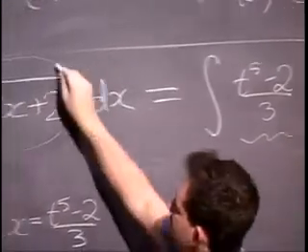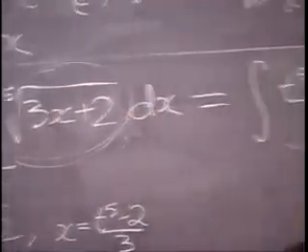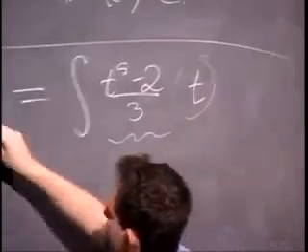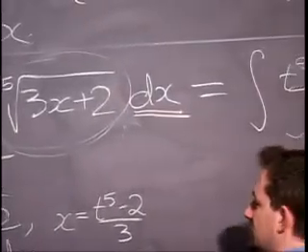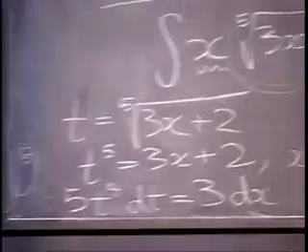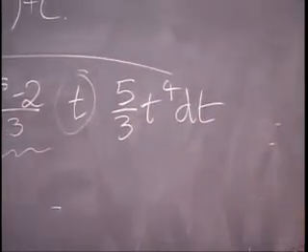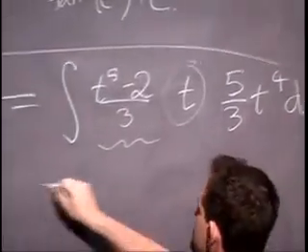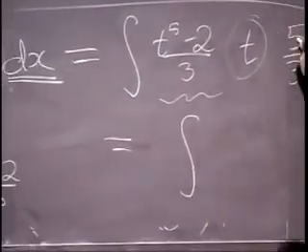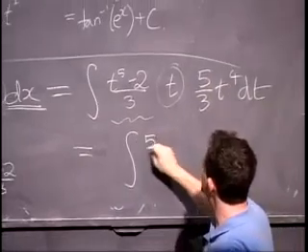This is just t itself. And the dx is equal to 5/3 t to the 4th. I've divided by 3 in my head. dt. And if you work all this out, you can actually bust it up into two integrals. 5/3, you get 5/9.